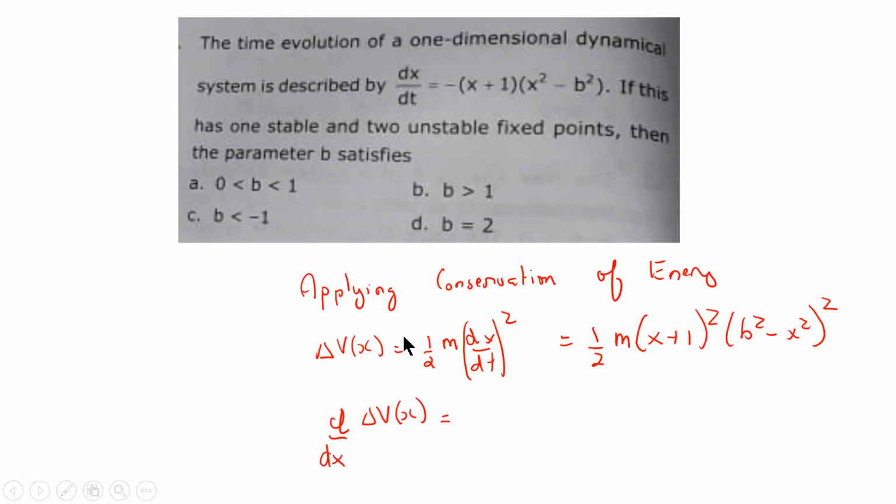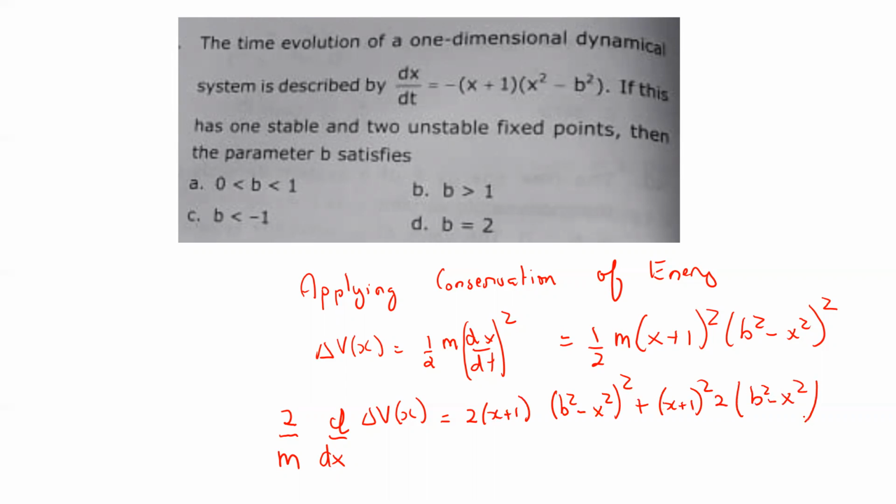So we'll take it to the right side, and when we evaluate the derivative, we get this. Now this equation can be solved for x. So we'll just simplify this equation and solve for x.